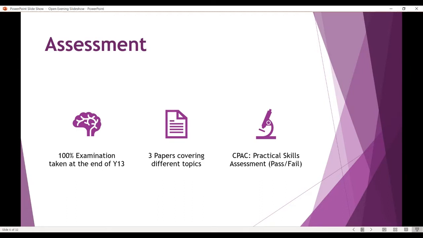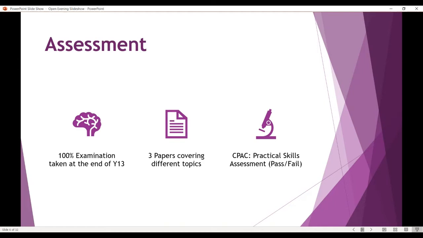Also, during the 2 years, you'll be assessed on your practical skills. And at the end of that, you'll receive a certificate of practical competence if you pass that part of the course. Which brings me on to the practical work that you'll be studying during the course.